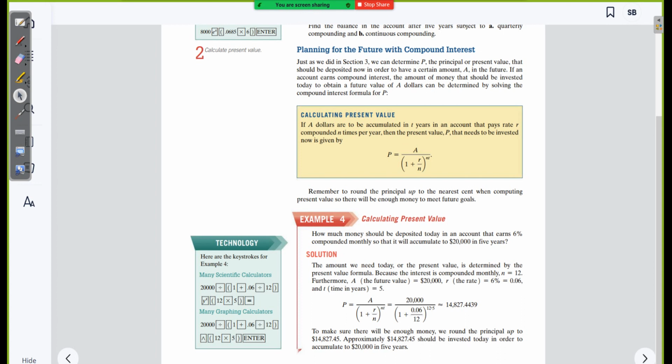Again, the same as before, it's just simple plug and chug. Now I know I keep saying that, but there's nothing really to figure out. The hardest part about these is figuring out which each one of these variables are: P, A, R, N, and T. But again, that's not difficult.